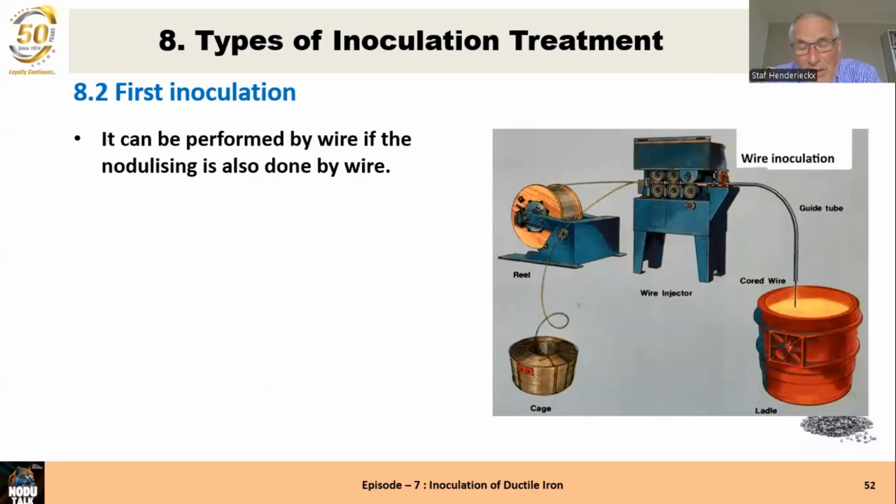Then we have the other inoculation. You have the wire nodulizing, but many times it's a double wire system, and you can also inoculate by the same machine with an inoculation wire. It's possible.